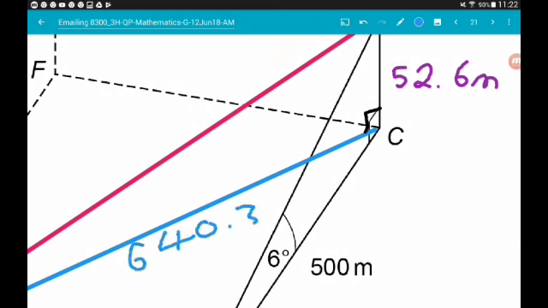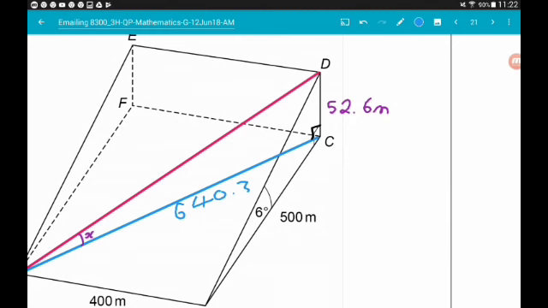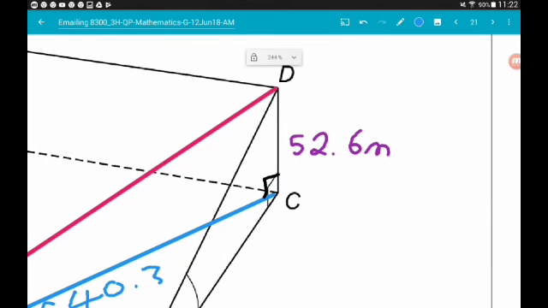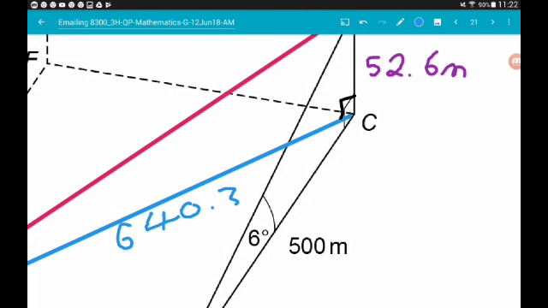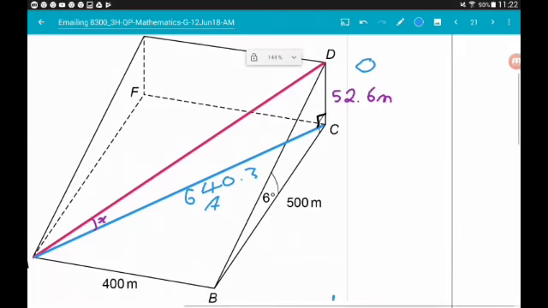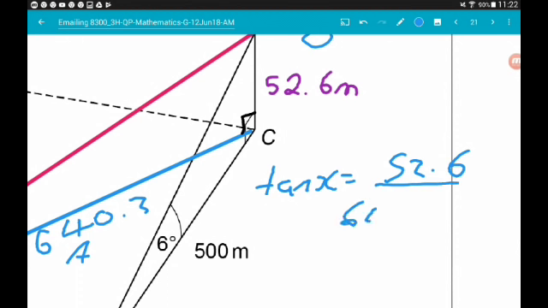Okay, so what we now know, in our right angle triangle, is we know two lengths. So to work out angle x now, we can use SOHCAHTOA again. The 52.6 is the opposite, 640.3 is the adjacent. So we're using tan again. This time, tan of x is 52.6 over 640.3.